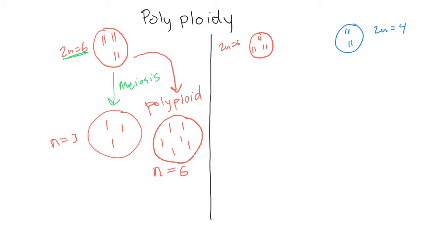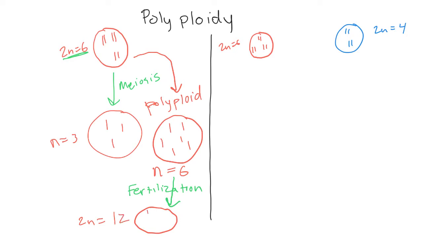Okay, so if it went through fertilization, then how many chromosomes would the new diploid organism have? Not 9. 12. So it doubled its chromosomes.